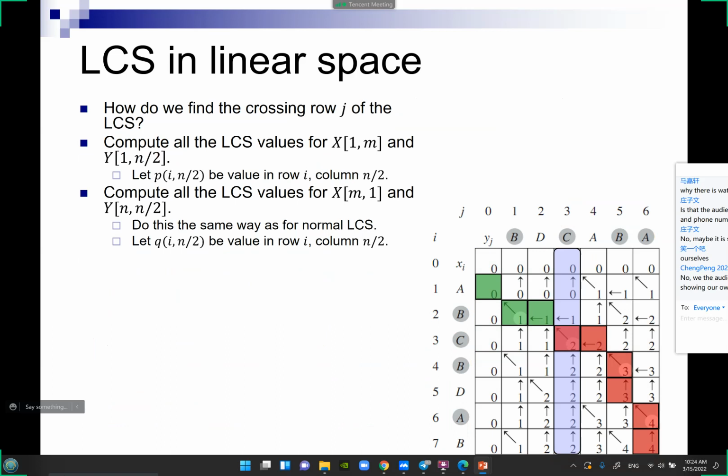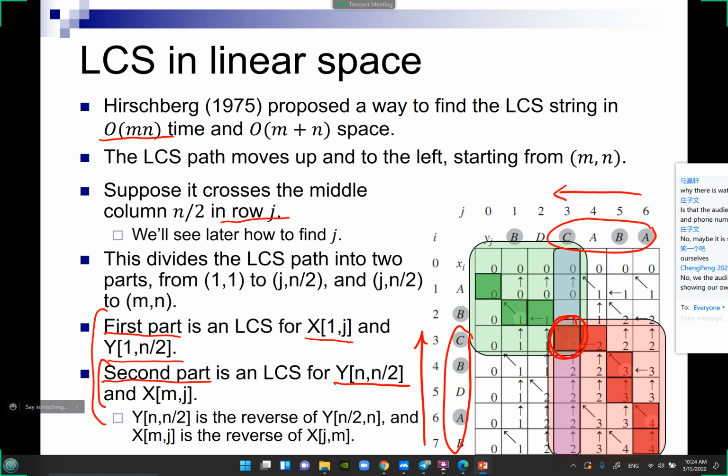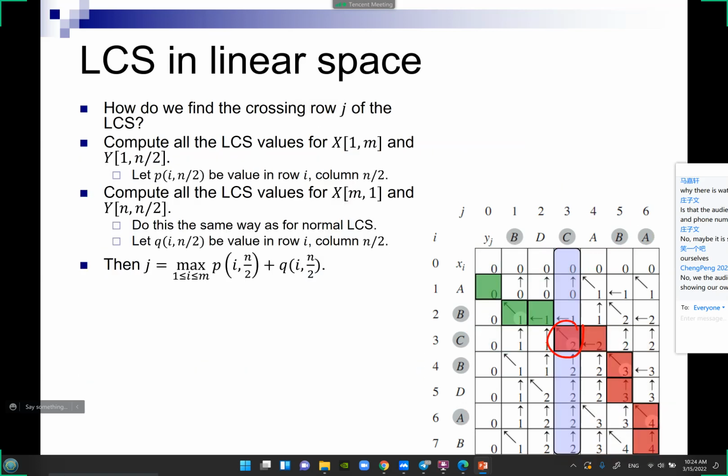So that's kind of a preview of the algorithm. Now let me give you the full algorithm. The first thing we're going to do is find this location J. So what should J be?